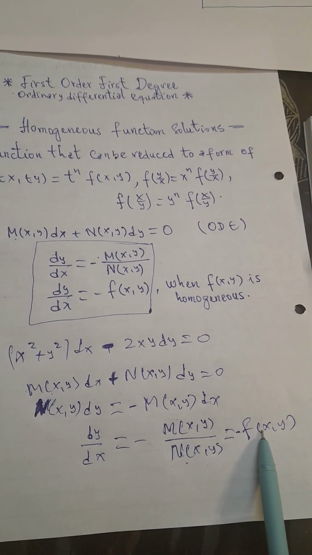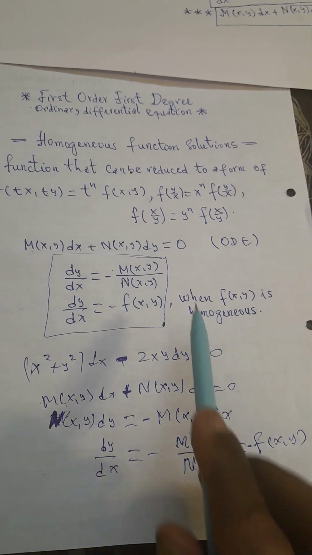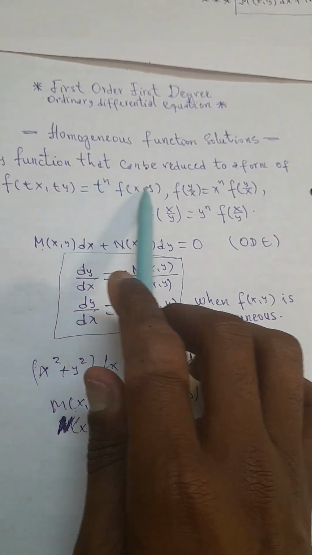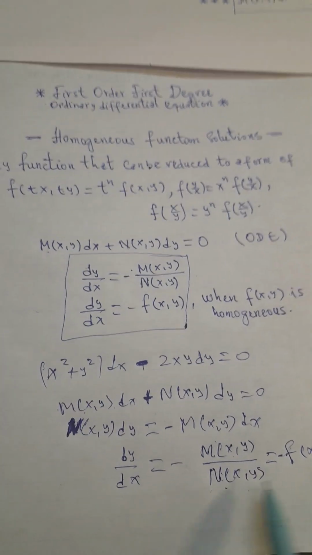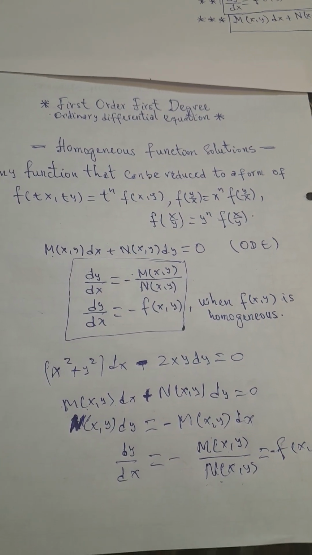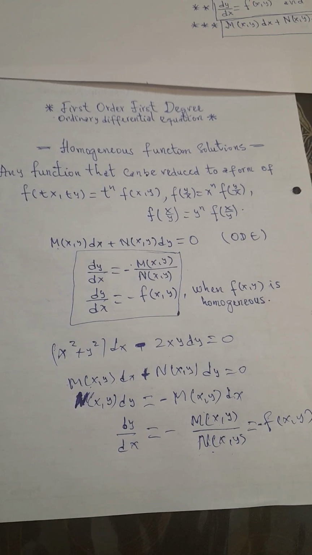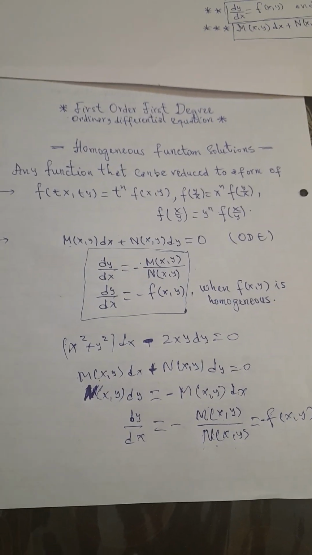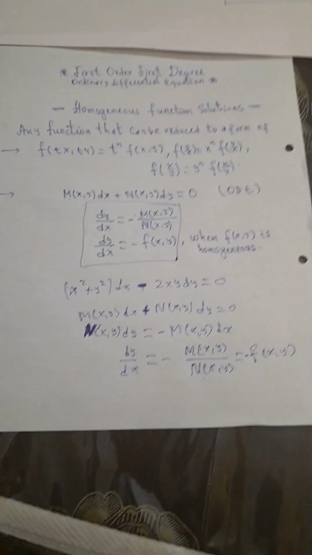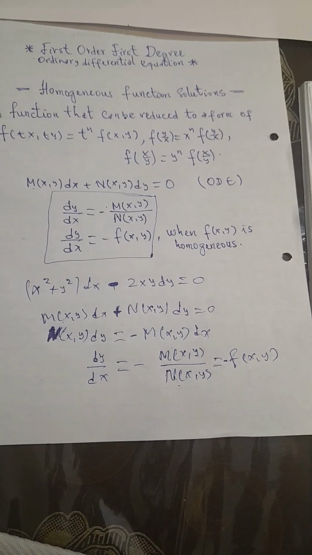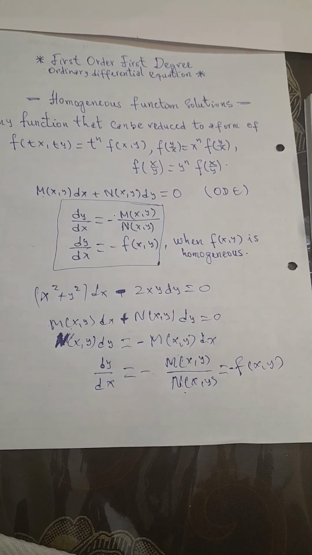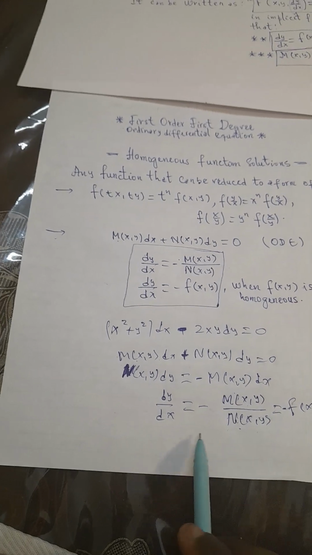If this f of x,y, that is the ratio between them, is homogeneous, I mean can be represented in one of these forms, then I can say that this is a homogeneous function, and then we will apply the particular way to solve it.